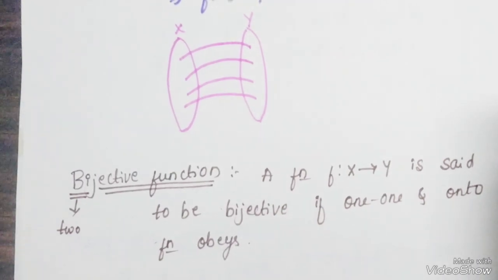When we say bijective function, if a function f from X to Y satisfies one-one and onto conditions, then it is a bijective function.